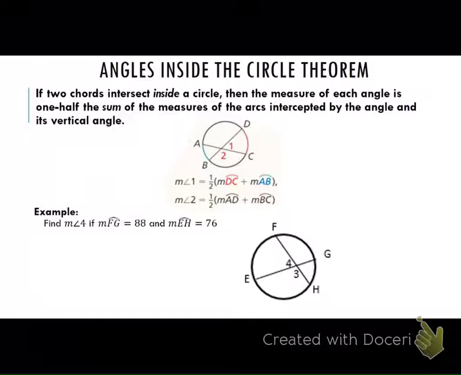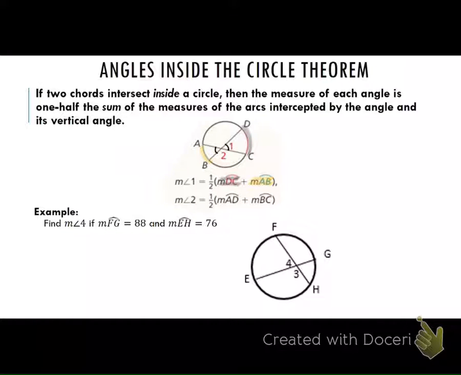So that means we are going to literally, and then I'll answer your question, Casey, add DC and AB together and divide them by 2. Half them, and that gives you the angle measure. That would give you both of these angle measures here.